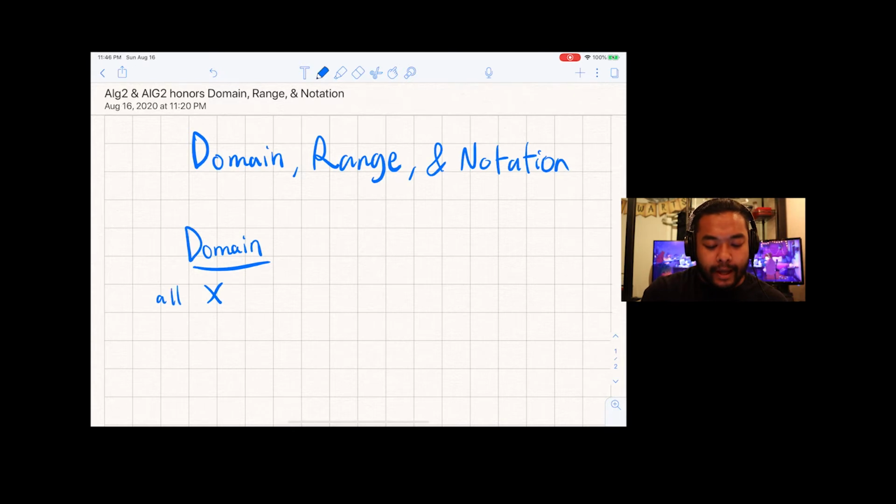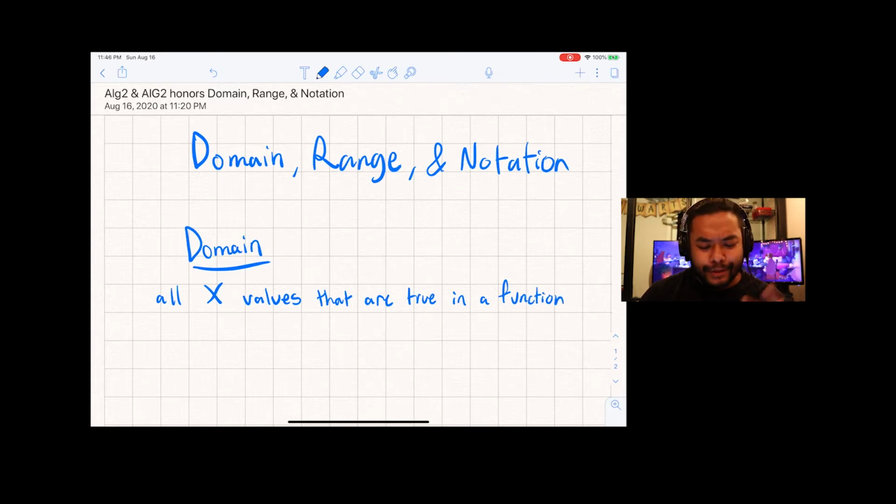So all x values, oof, cannot spell. It's okay, I'm a math teacher. All x values that are true in a function.